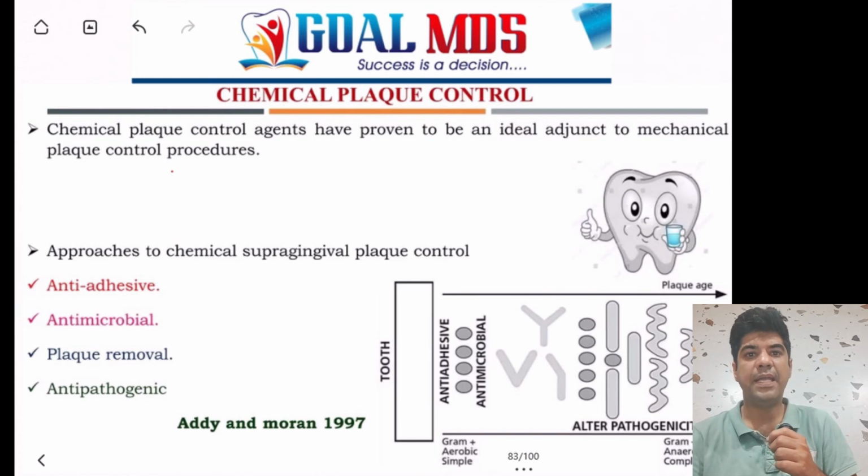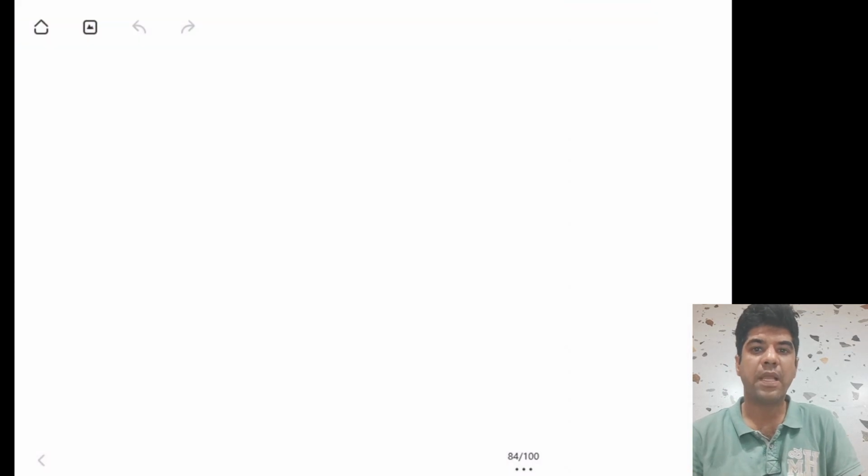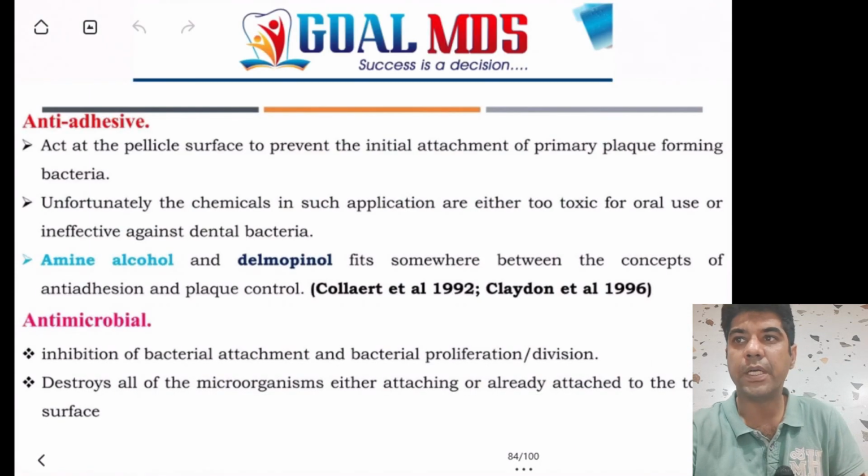Number one is the anti-adhesive approach. This method aims to stop the plaque from sticking to your teeth. It is like putting a shield on your teeth to prevent the sticky plaque from clinging to it. The second is the antimicrobial approach.